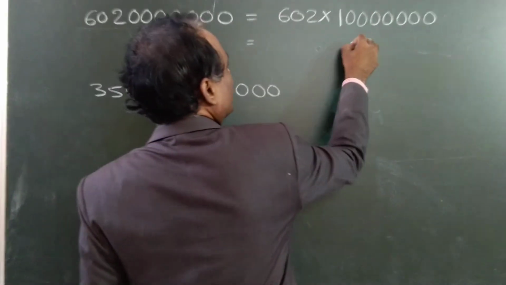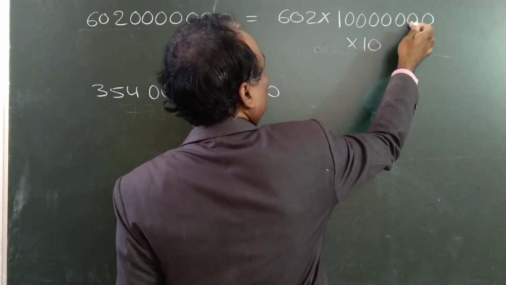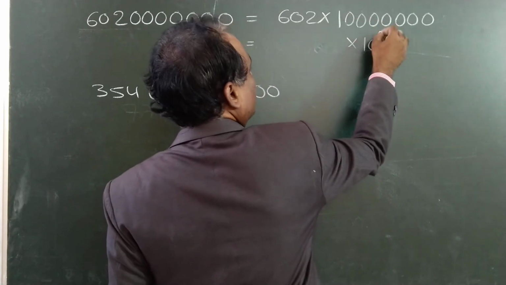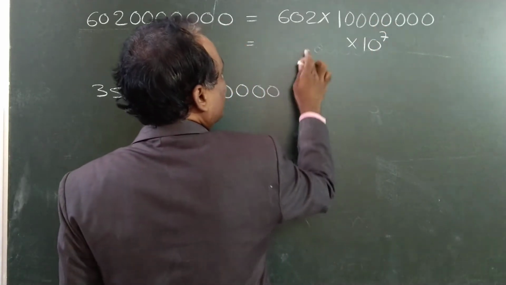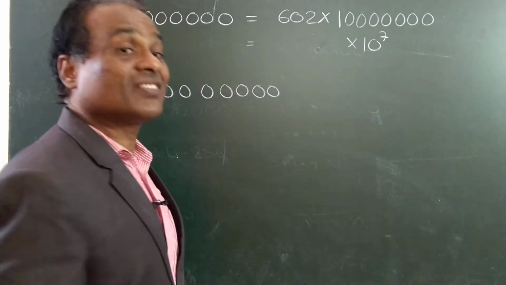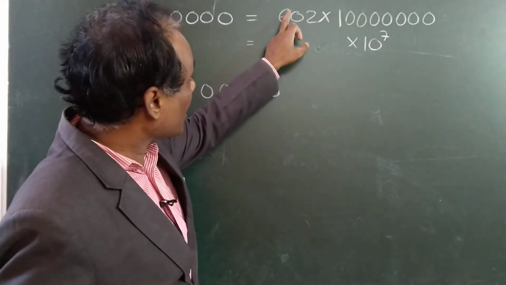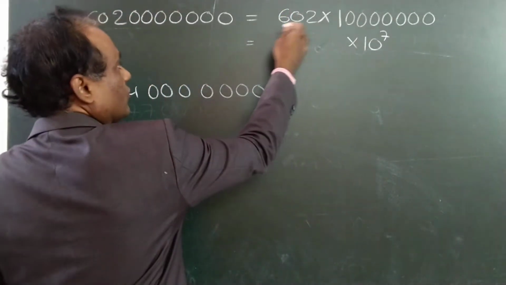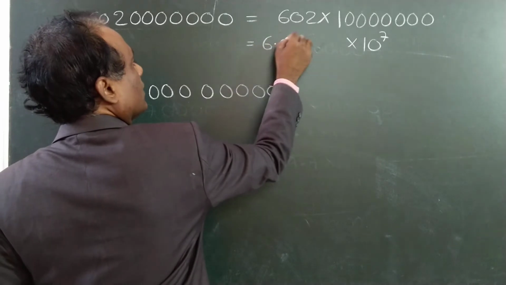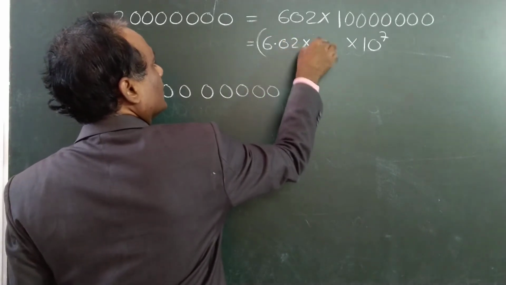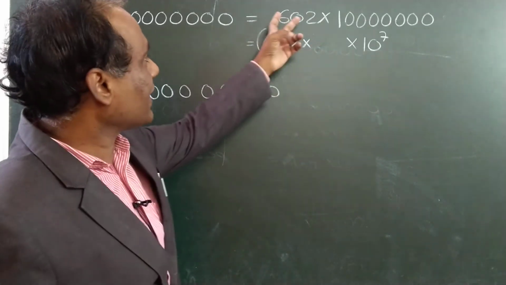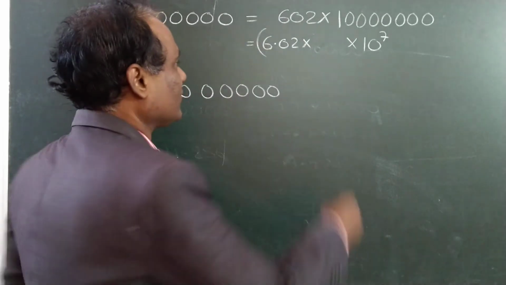Of course, this can be written as 10 to the power of 7. But we can't write 602 as it is, because standard form means the decimal is after 1 digit. That means this should be written as 6.02.